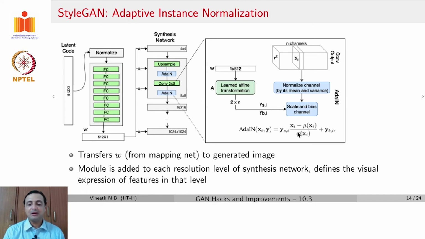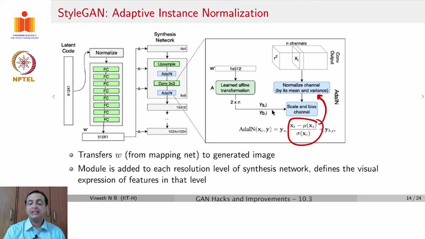So you can see here that this now becomes x_i minus mu of x_i, which is normalization with respect to mean and variance. So this quantity here on the inside corresponds to subtraction by mean and division by variance. It is multiplied then by y_s,i, which is a scaling value obtained as an output of the affine transformation A, and then biased by y_b,i, which is also the output of the affine transformation.